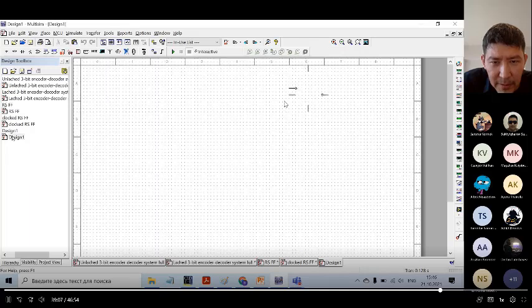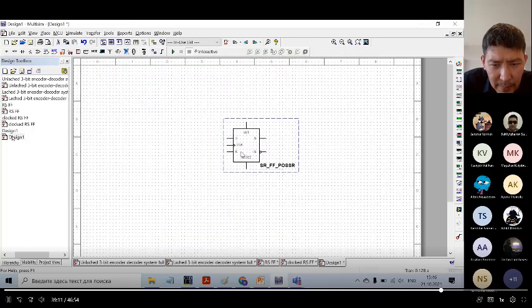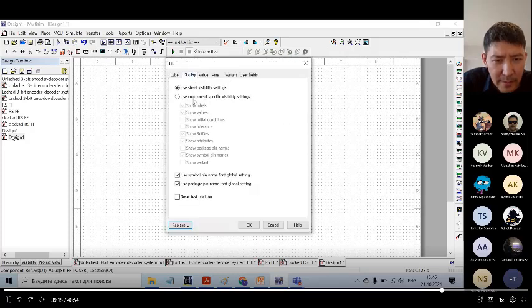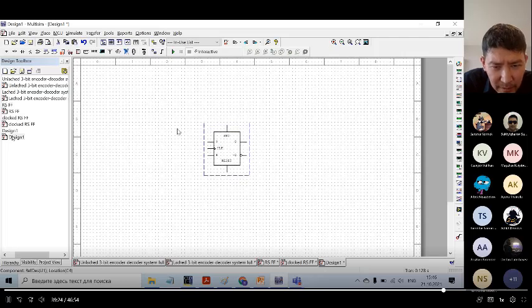Okay, the flip-flop we can start next. It is this one. So this is also a flip-flop, but it has some additional set and reset.